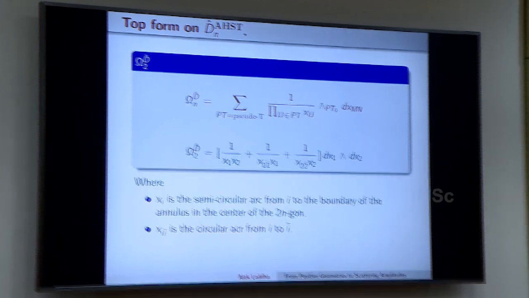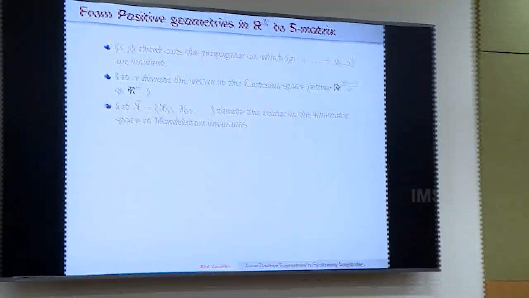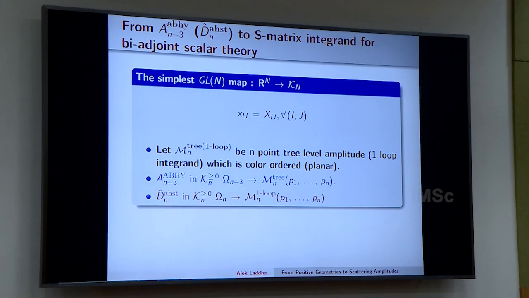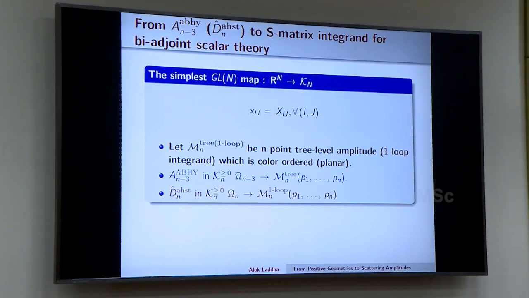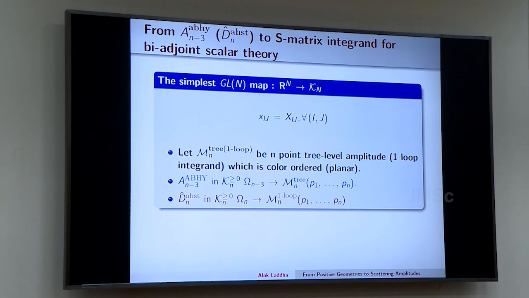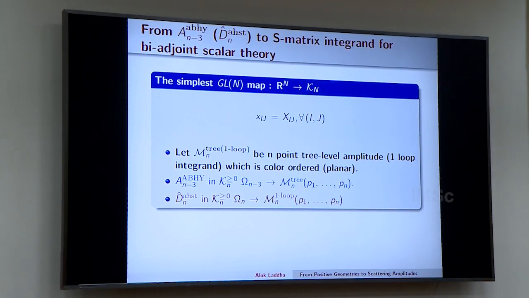I have a question. Why is it bi-adjoint scalar? The point is that if we looked at the simplest map, which was just the identity map between the small x and capital X, we could ask, it's giving us some function of the momenta, is it the amplitude of some theory? So you could go back and check, is there a Lagrangian you can cook up?